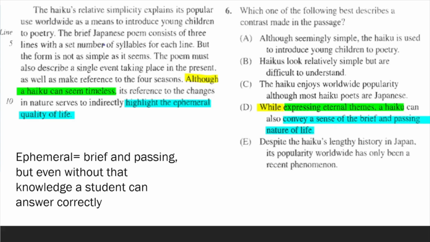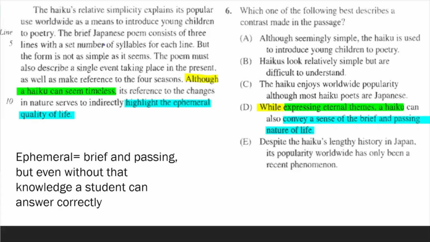The haiku enjoys worldwide popularity, although most haiku poets are Japanese. That isn't a contrast. The haiku is fine to enjoy worldwide popularity, and most haiku poets are Japanese. Either way would be fine. There isn't a definite contrast there.